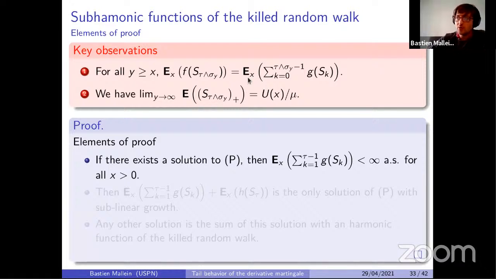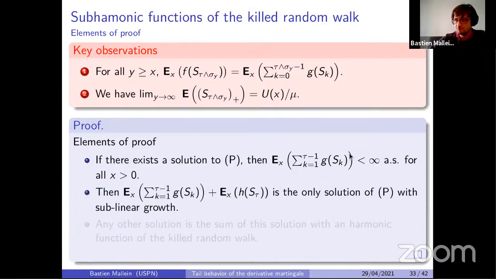So I know that when y goes to infinity, this quantity is bounded from above. But if it is bounded from above, it has to converge because this quantity is increasing with y. When I increase y, I increase sigma_y, so I increase the number of terms in my sum. So this quantity here has to converge, and so has to be finite for all x.